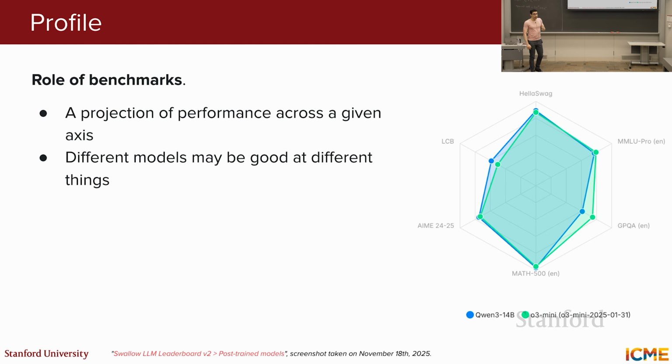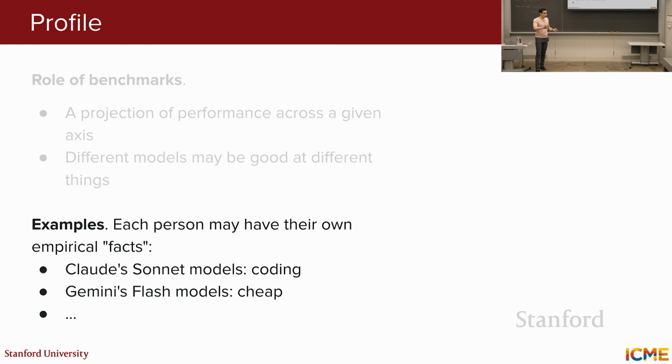And a few last words here. I just want to say that benchmarks are here to characterize the profile of your LLM. So it's not all good or all bad. Maybe some of your LLMs will have some strengths and some weaknesses. And your personal experience might guide you to use one specific model over others in given situations.